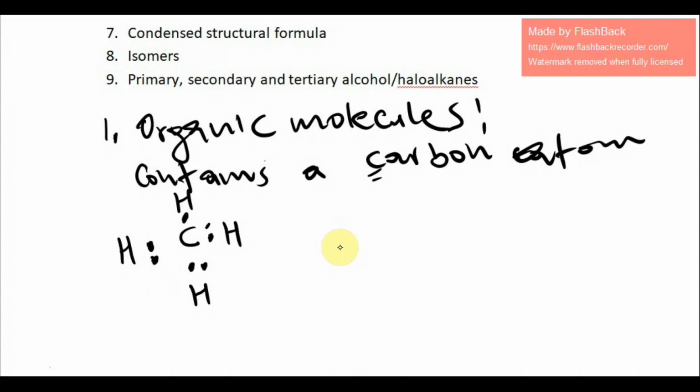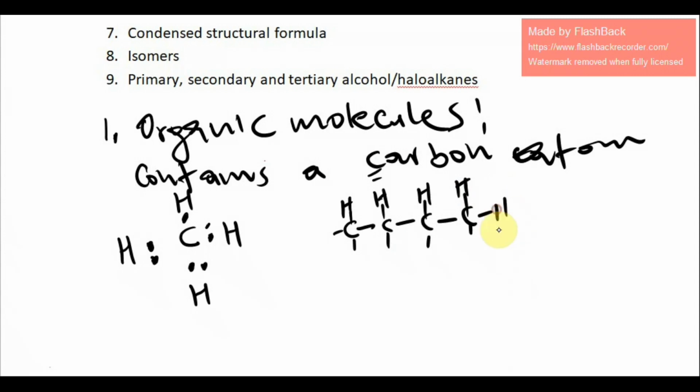So a carbon forms 4 bonds around it, and a carbon can bond with itself to form a longer chain, right? That is another property of a carbon. There are many.